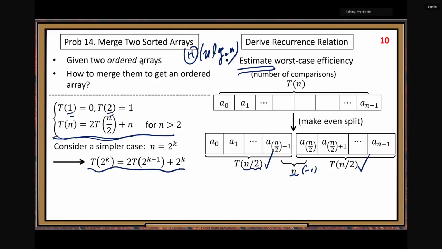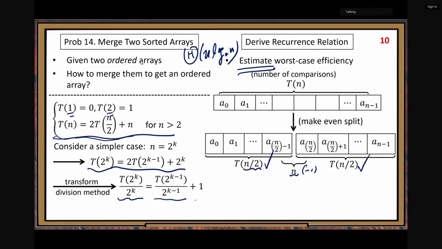When we apply the division method, we divide both sides by 2 to the k. So the left-hand side is T of 2 to the k over 2 to the k. What's the benefit of this division method? After this transformation, when you compare the structure at the left-hand side and the right-hand side, you see a similar structure.